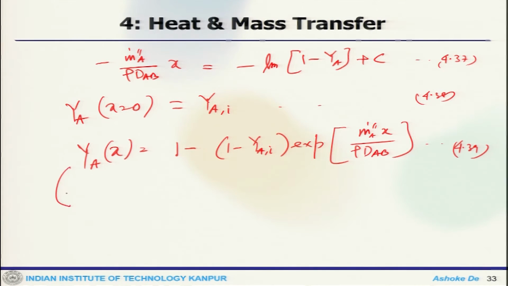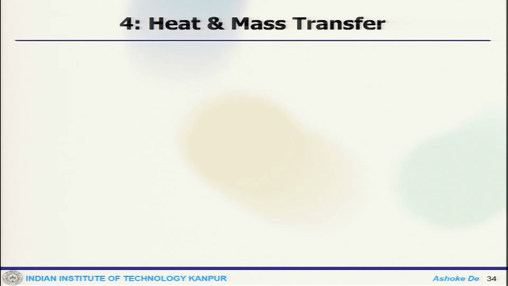This is by eliminating C, that integration constant, from 4.37. So, that is what you get. Now, for the mass flux of A, we need one more boundary condition, and that we can put at x equals L, which is y A infinity.